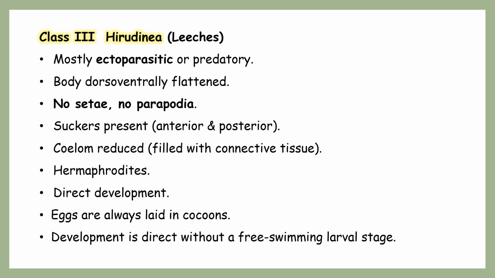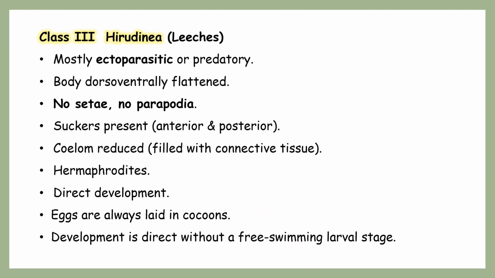And one more adaptation we can see in this class: the coelom is highly reduced, and instead it has a very unique type of tissue which looks like bunches of grapes, known as botryoidal tissue, a very unique character of this class.